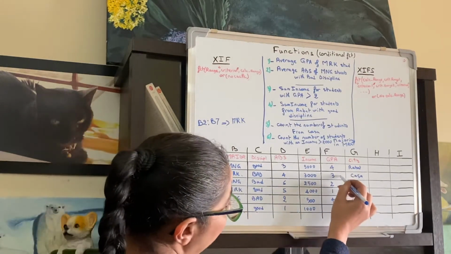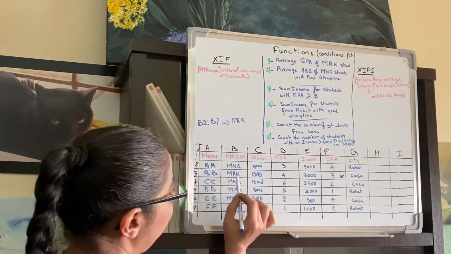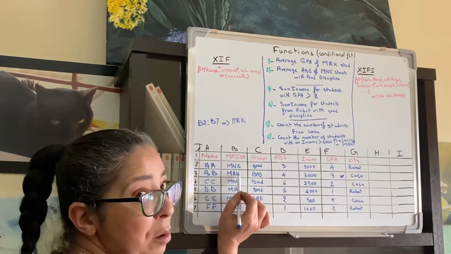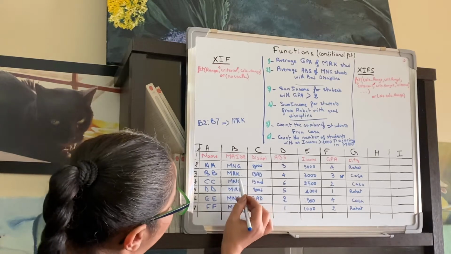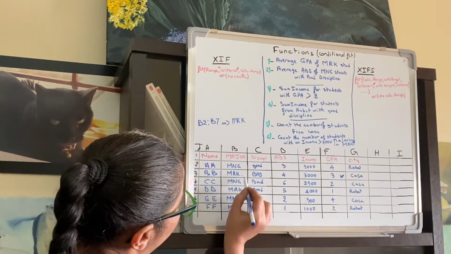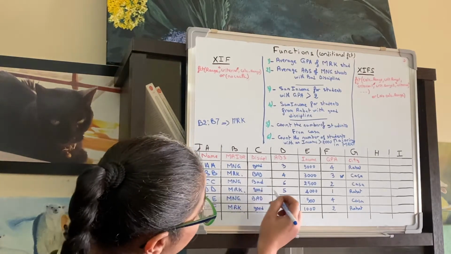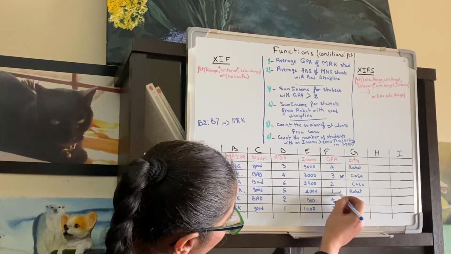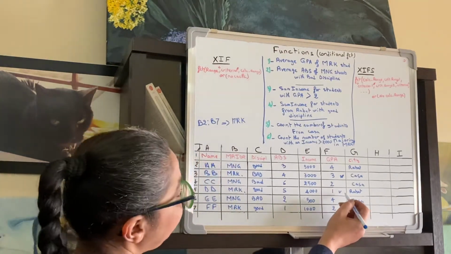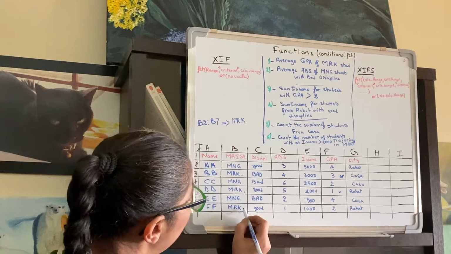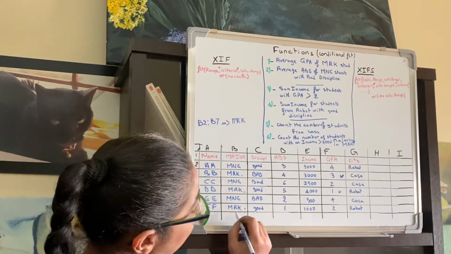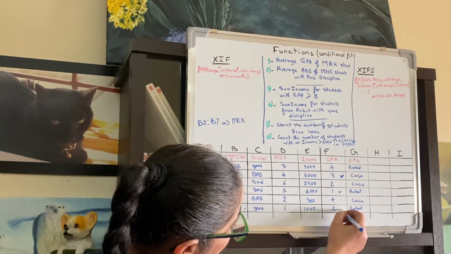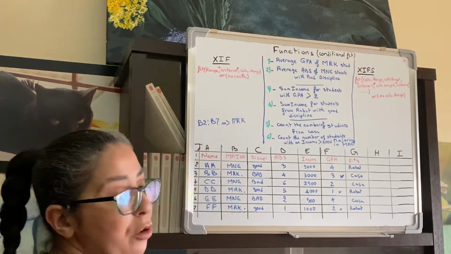This one is to be taken because this person, BB, is from marketing. Then again, I move down. Here is another one from marketing. So I'm going to take the GPA of this person, okay? Then I'm going to move down. This person also is marketing. So I'm going to take the GPA of that person.